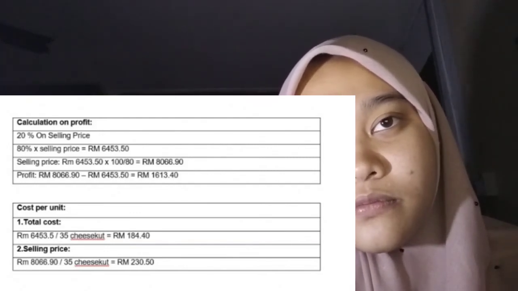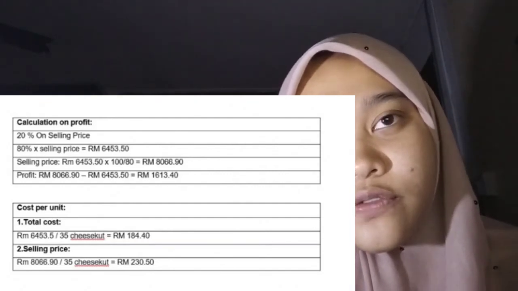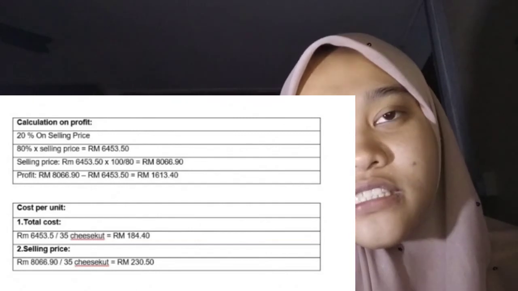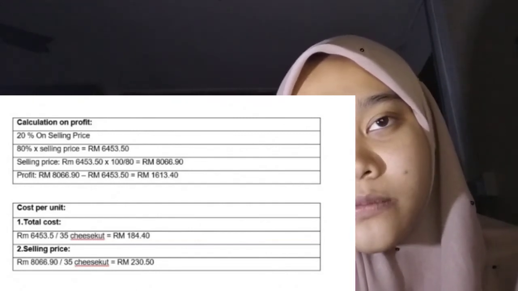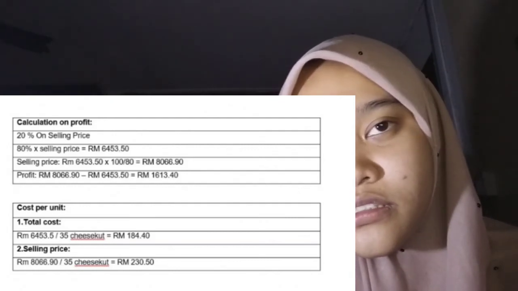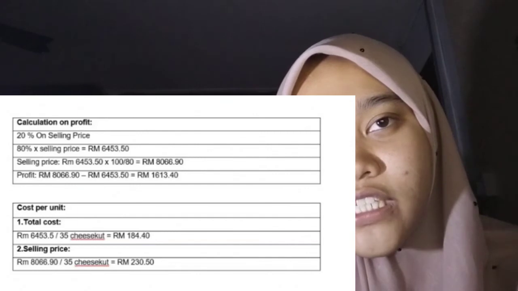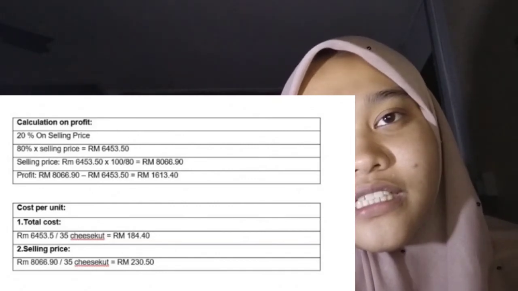The total cost is 6,453 ringgit and 50 cents. Then the total cost times 100 divided by 80 equals 8,066 ringgit 90 cents.